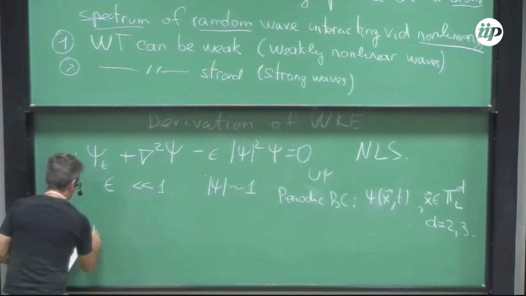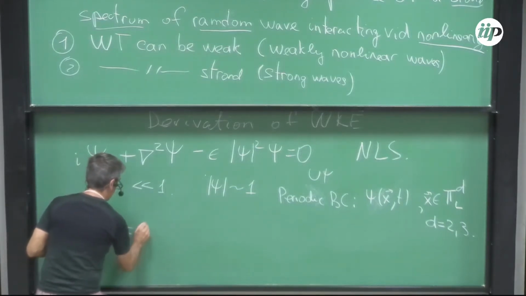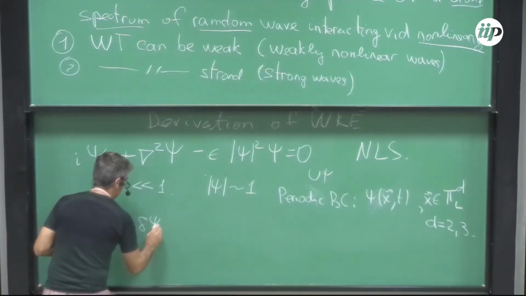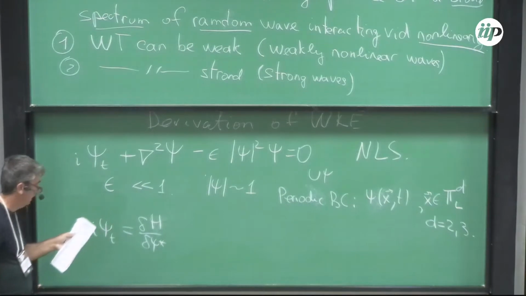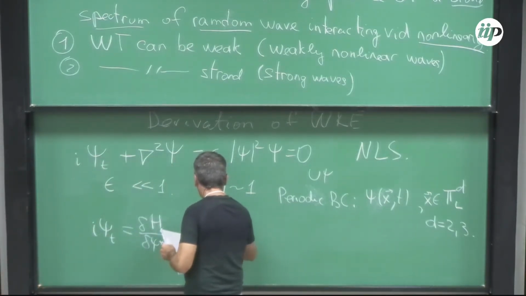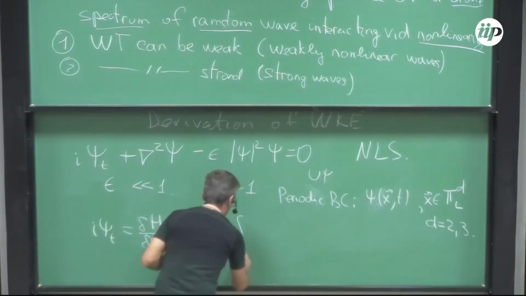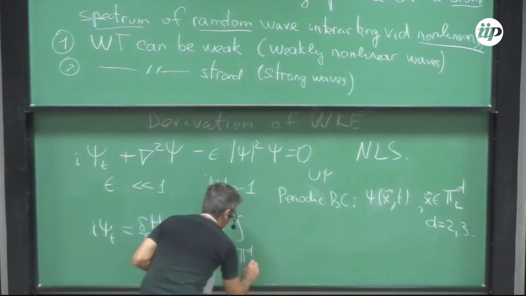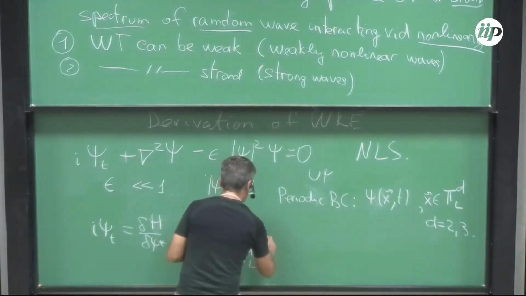Apart from some basic facts like this, I can rewrite this equation in Hamiltonian form, with the Hamiltonian representing the energy of the system. I integrate over the periodic box.